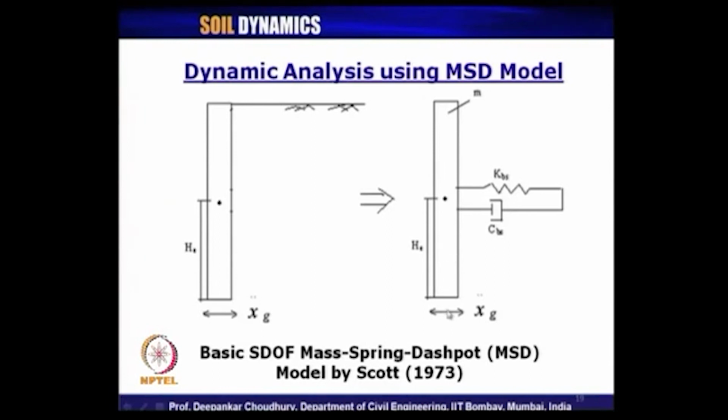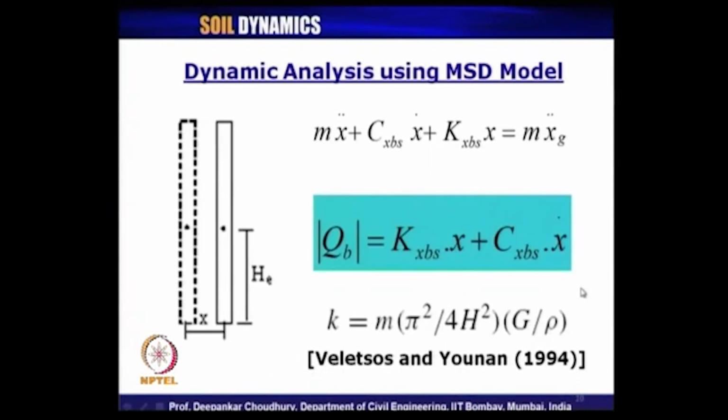Fine. So, that was the model considered, the single degree of freedom model, mass, spring and dashpot with 1 degree of freedom. That is the movement of this one, right? Movement of the wall, how much it is moving. Veletsas and Unan also had considered the similar way. So, it has been considered like this: wall is moving by amount x.